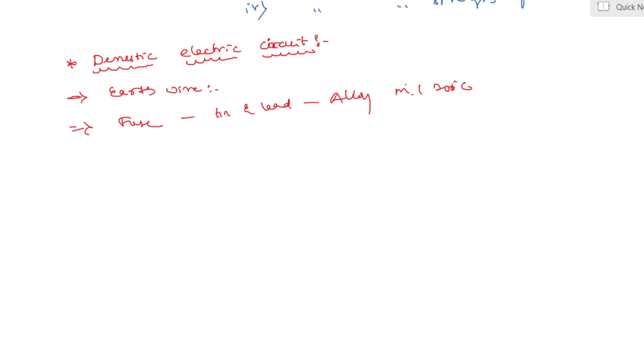Afterwards, magnetic field due to current through a circular loop, definition of solenoid and what are electromagnets.